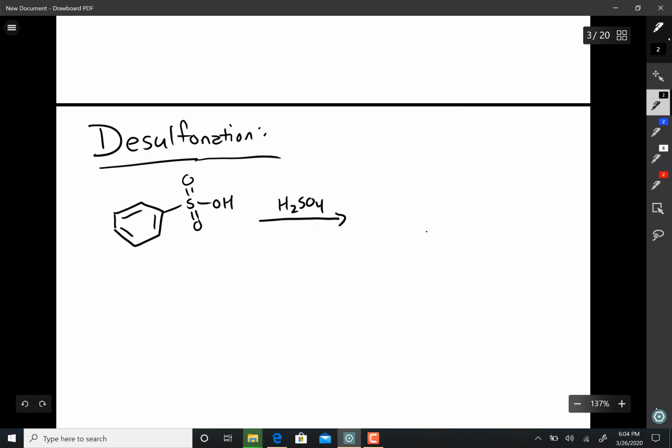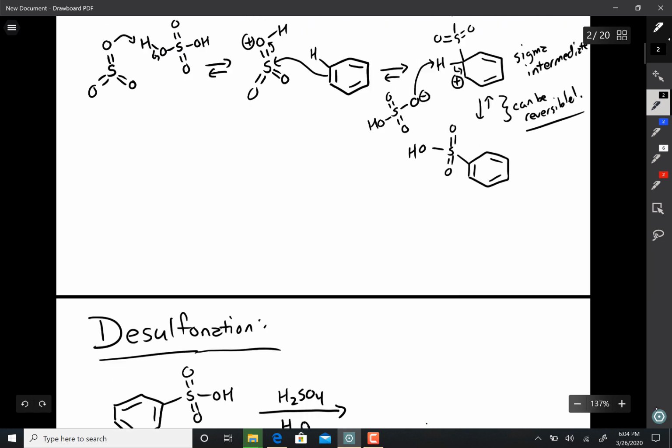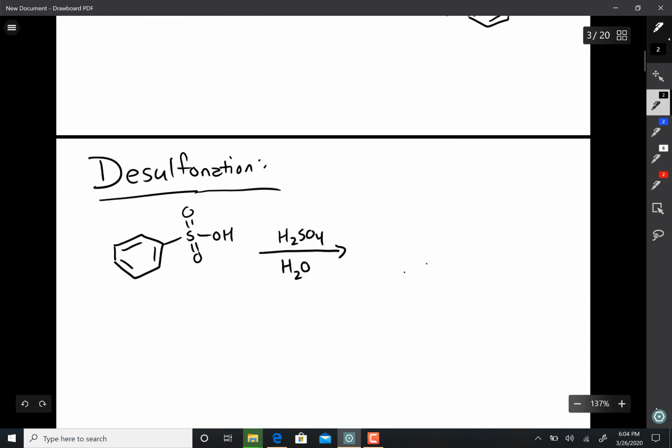You don't need SO3 because that drives the reaction forward. If you want to drive the reaction backwards, we're going to add water to that. And also, this is not that favorable of a reaction. So you do need to add some heat to get it to go. And that basically removes the sulfonic acid group.